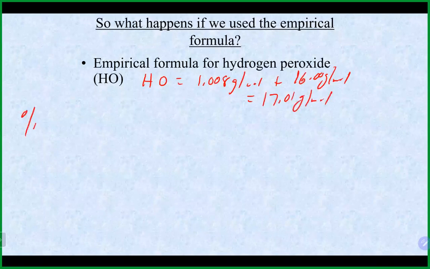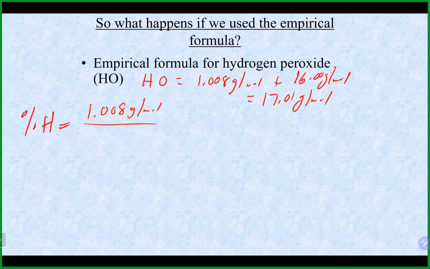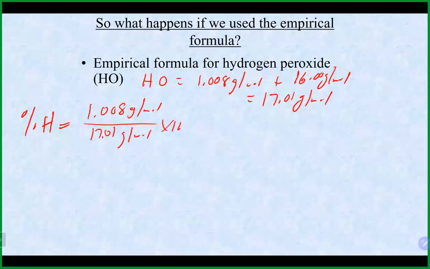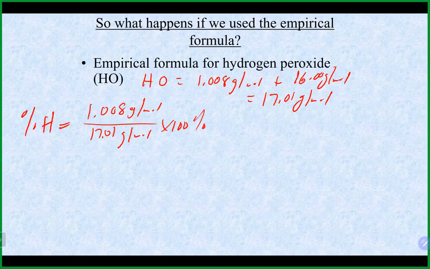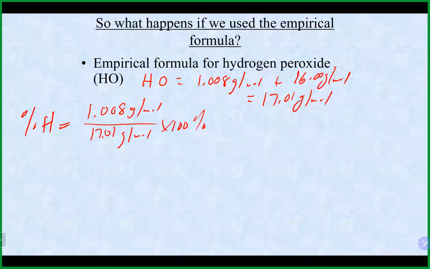So our percentage of hydrogen would be 1.008 grams per mole divided by 17.01 times 100%, and that will give us 5.926%.